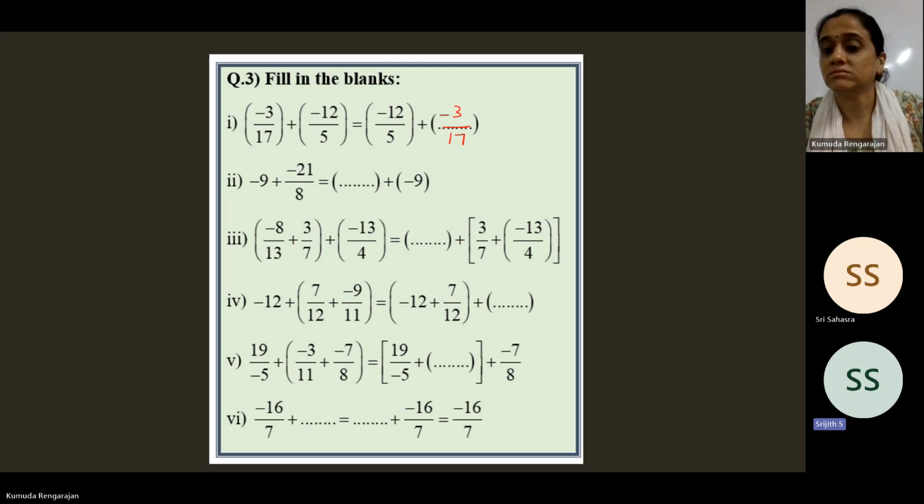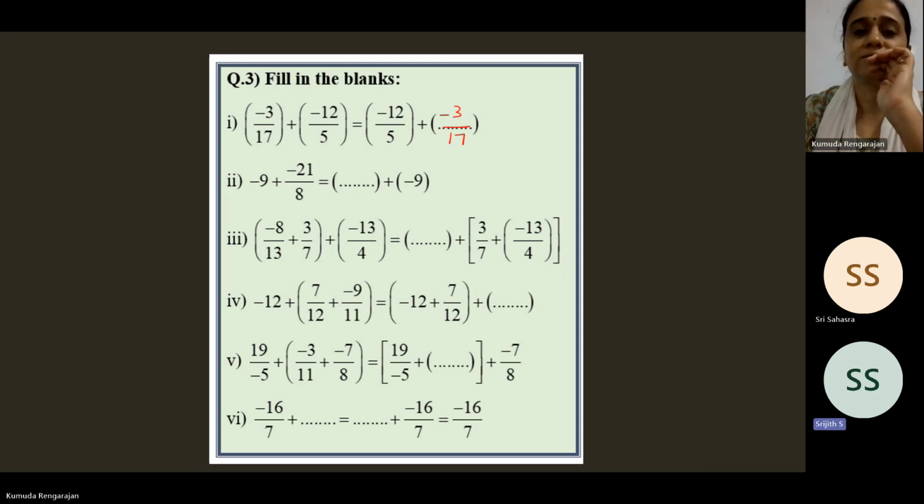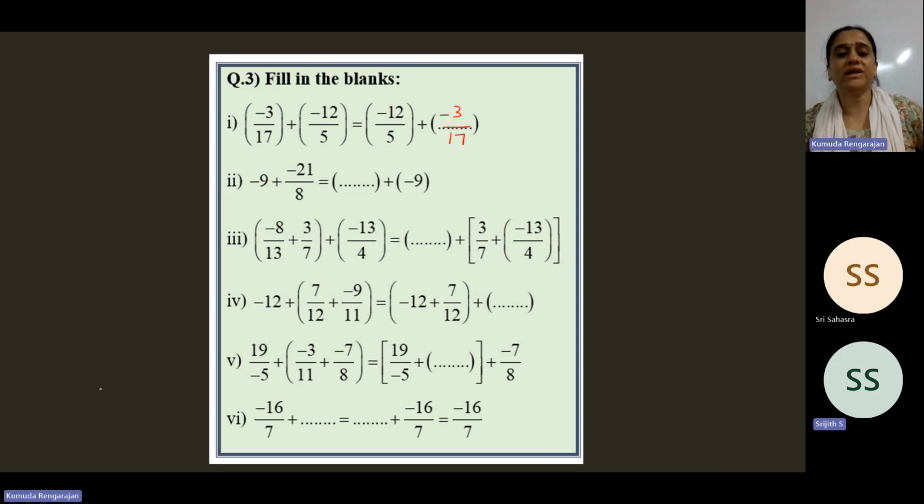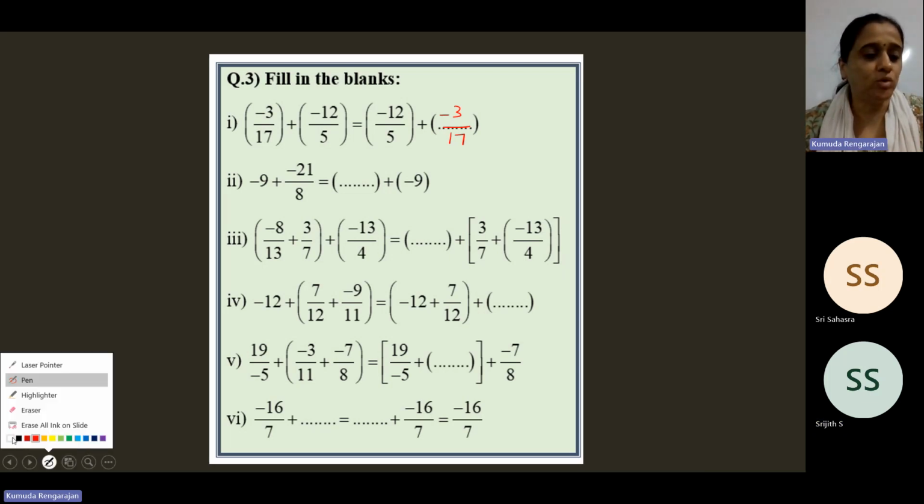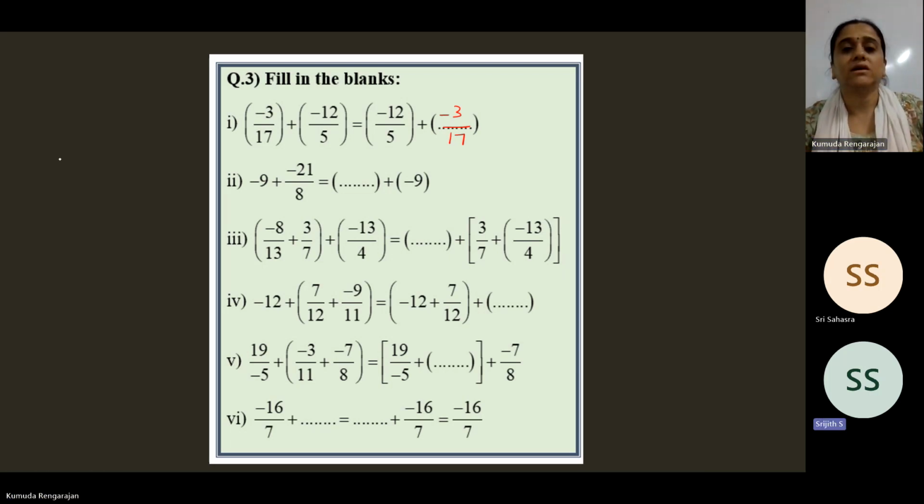Associative property? No. For associative property, we use 3 numbers, not 2 numbers. It is the commutative property. Now, I'll tell you how you can remember.